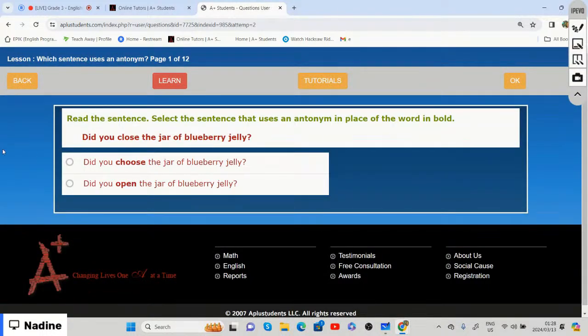And then select the sentence that uses an antonym in place of the word in bold. It says, did you close a jar of blueberry jelly?